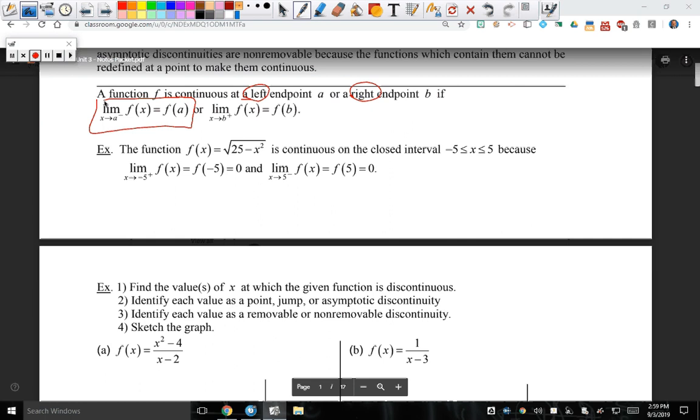One-sidedness, right? It's saying approach a from the left. See, this one's saying approach b from the right. But it's still the third rule of continuity. So my question to you is, can you be continuous one-sided, or do you have to be continuous only two-sided?